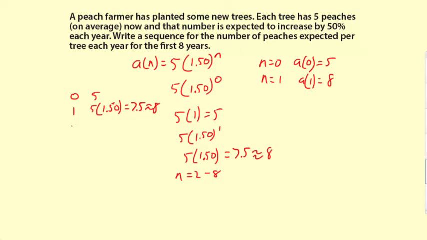So then for year 2, we're going to take this value, the 7.5, and then we're going to multiply it by the growth factor, 1.50, and that is going to give us the number of peaches after 2 years.